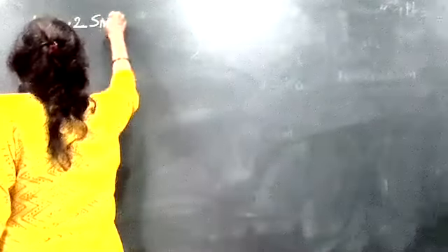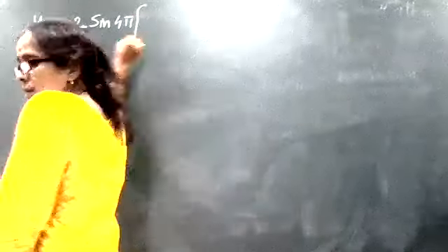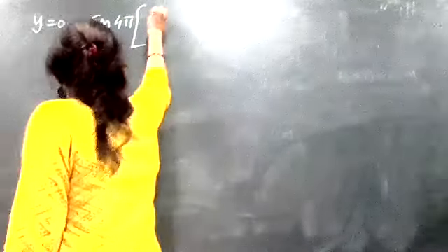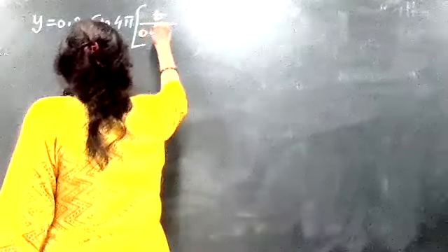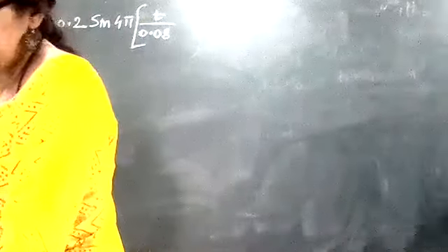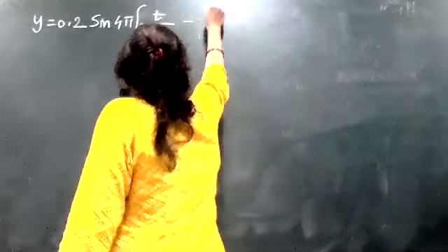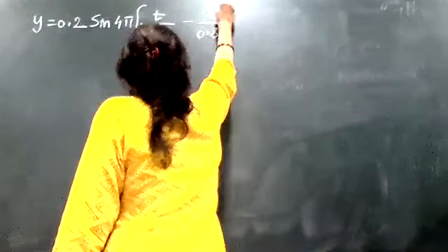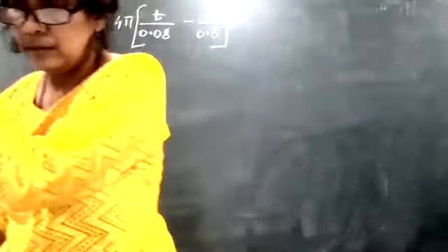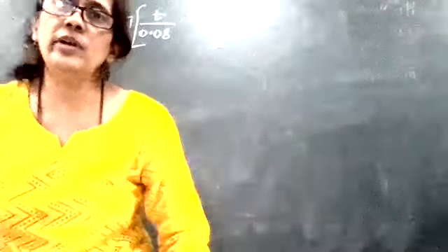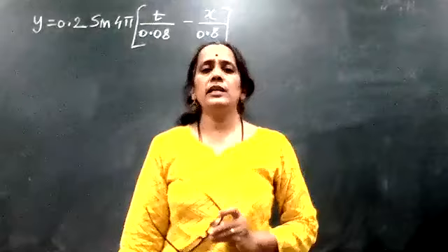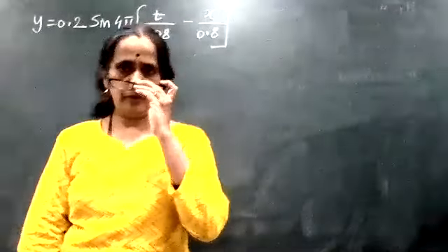You have been given the equation in terms of y. Y is equal to 0.2 sine of 4 pi in bracket t upon 0.08 minus x upon 0.8, in SI units. SI units means your displacement is in meters.